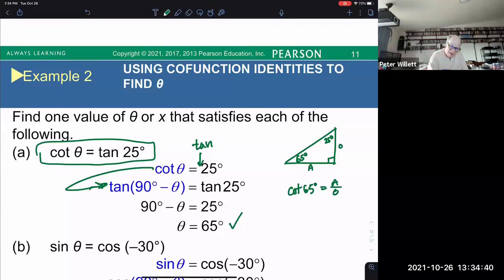But if I take tangent of 25, well, the opposite of that 25 degree angle is A, and the adjacent to that is O, and that's opposite over adjacent, so that would still be A over O. And so this basically is going back to the cofunction properties. When you have two angles that add up to 90 degrees, then the cotangent and the tangent of those angles will come out the same.